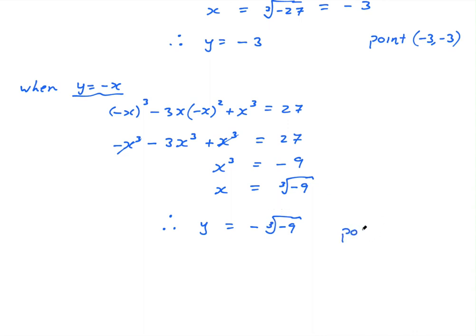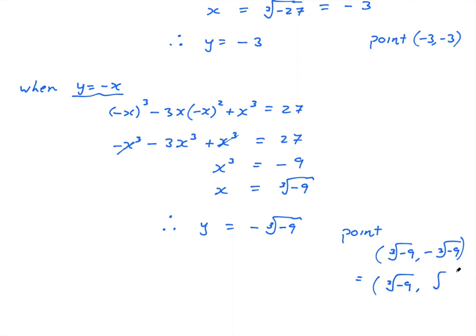And the point is therefore the cube root of negative 9, comma, negative the cube root of negative 9, which equals the cube root of negative 9, comma, the cube root of 9.